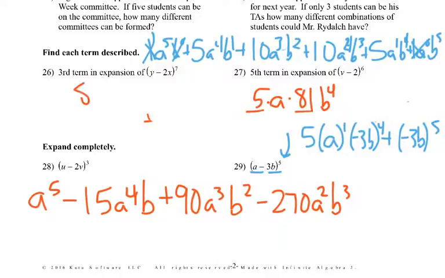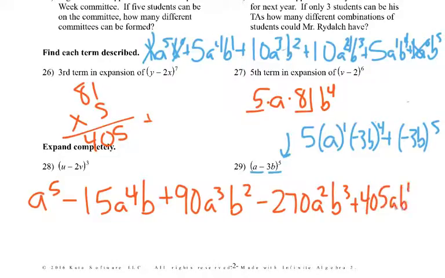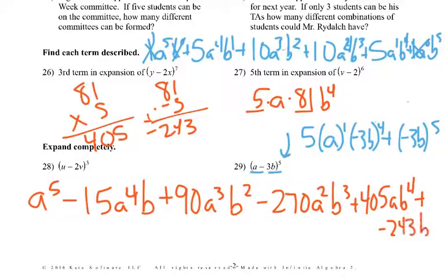So 5 times 81 would be 405, plus 405 a b to the 4th, then plus, so negative 3 to the 5th would be negative 243. So we get plus negative 243 b to the 5th. And there's our last expansion.